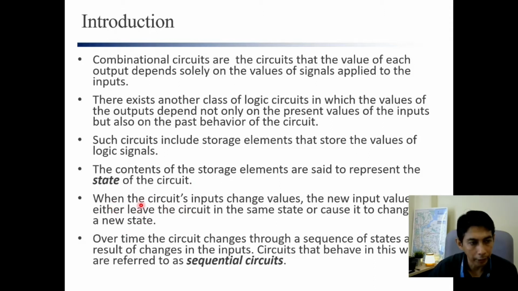So when the circuit input changes value, the new input value either leaves the circuit in the same state, which means the output will not change, or causes it to change into another state, where the output may change. So over time, the circuit changes through a sequence of states as a result of changes in the input.